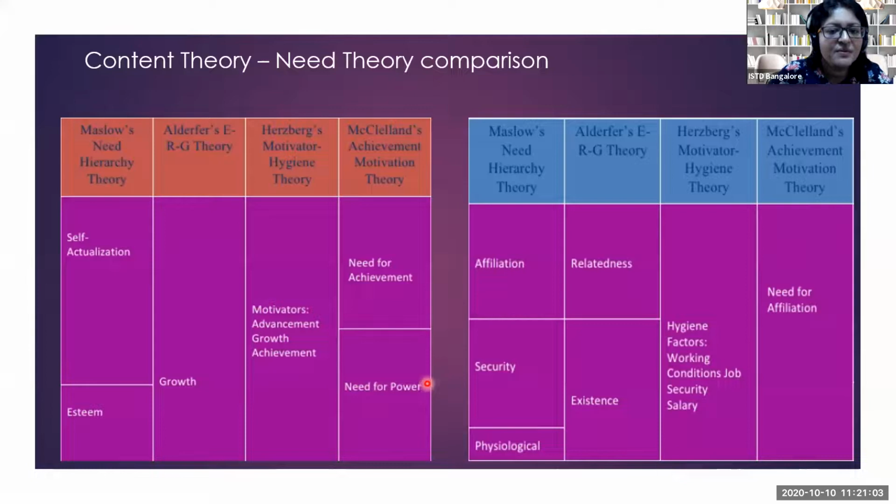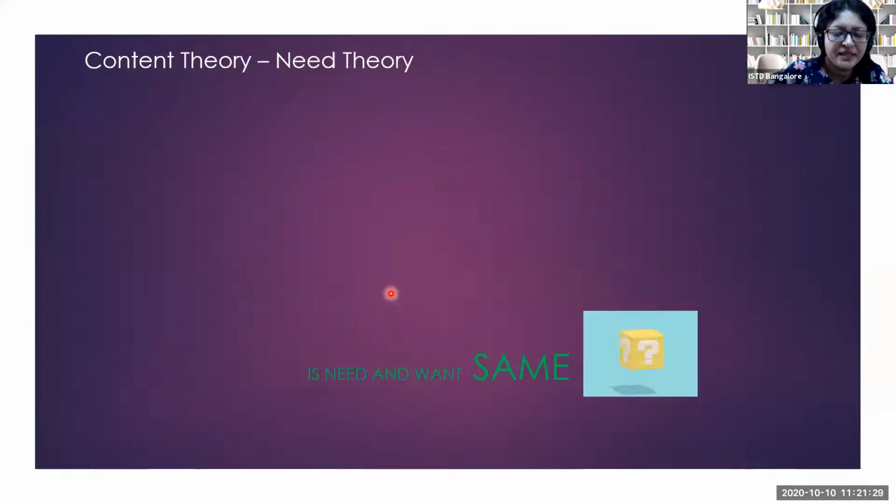So how somebody wants to use the power is somebody's prerogative. However, misuse of power may or may not give results. So we have to consciously see where we are heading. Okay. And then self-actualization, that is the need for achievement. So these are the comparisons of the need theories.